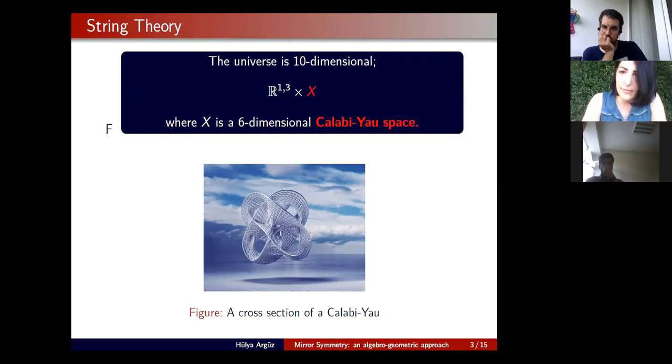So this is in the framework of T-duality in string theory. There are also other theories like M theory and other branches of string theory where you might be interested in other spaces which might not be Calabi Yau or 6-dimensional. But this is one of the most influential frameworks.